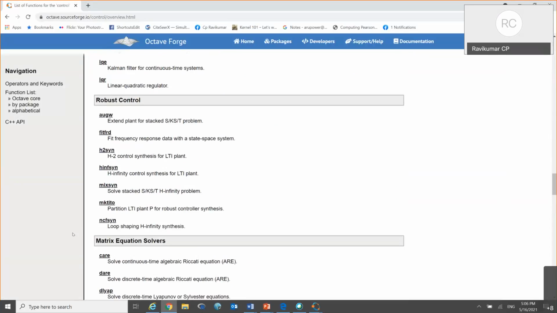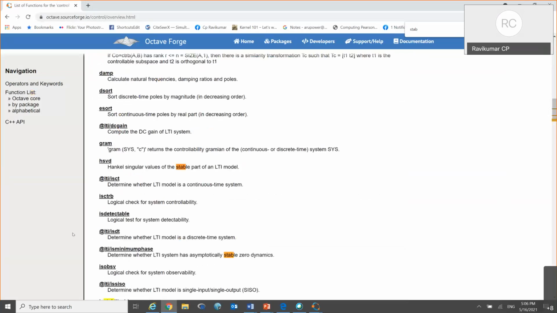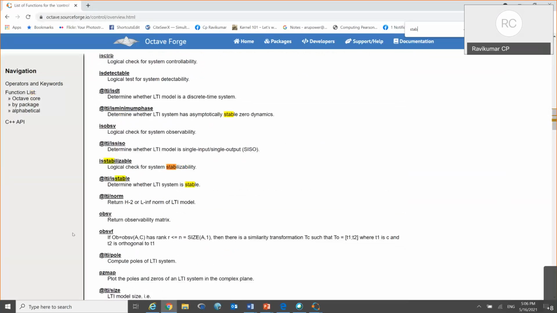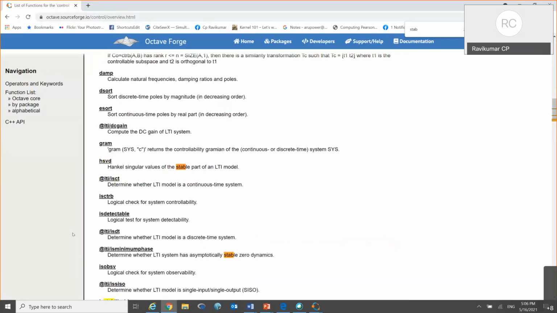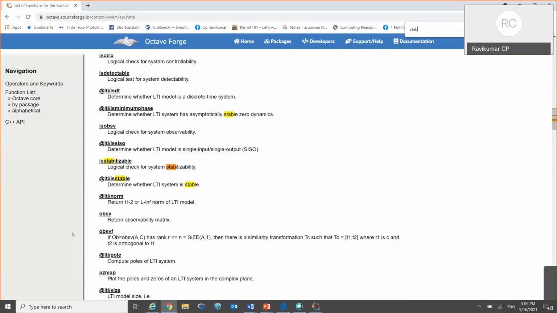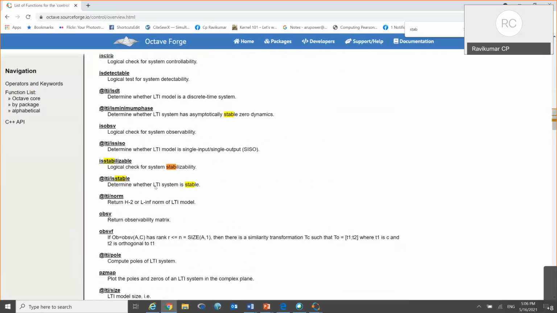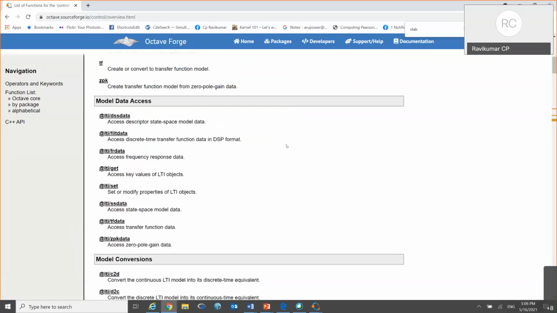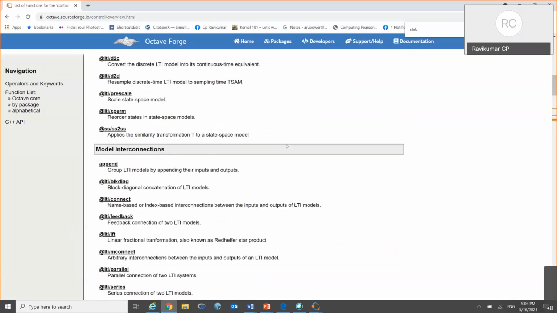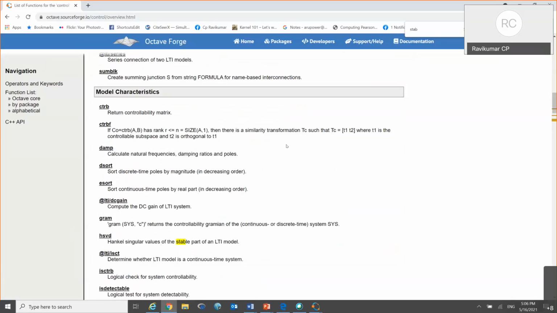Stability also, I think it is there. I don't recall where it is, but it is there.